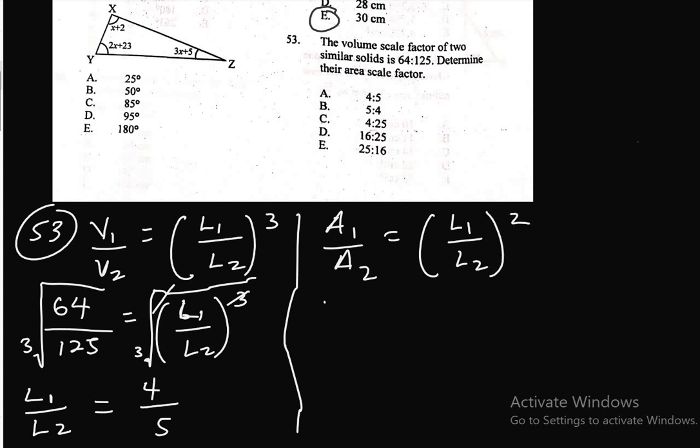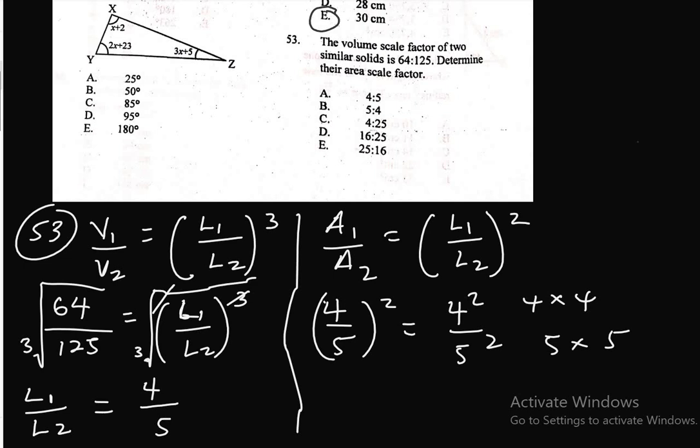The linear scale is 4 out of 5, so we just square this, which is 4 squared out of 5 squared. 4 squared means 4 times 4, and 5 squared means 5 times 5. The final answer is 16 out of 25, which is 16:25. And the right answer is D.